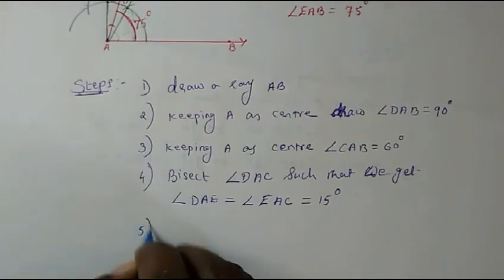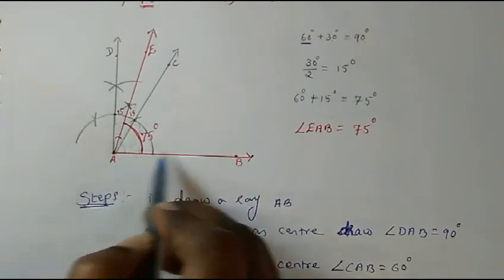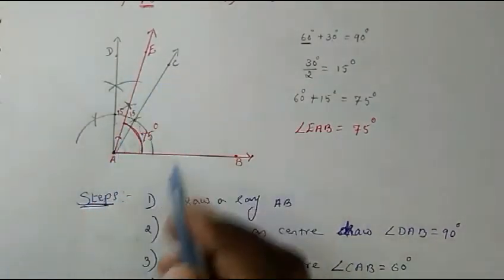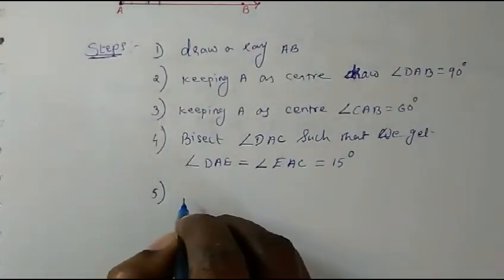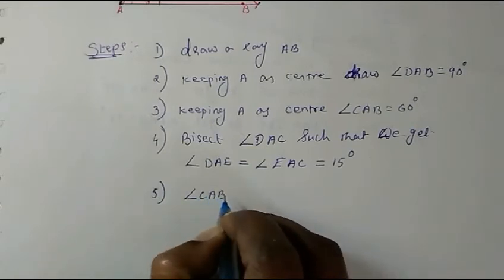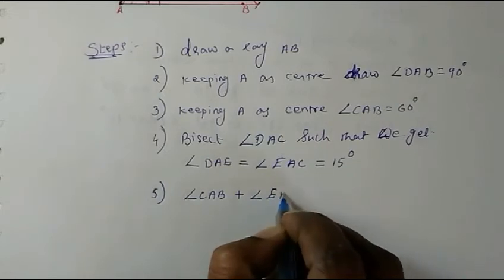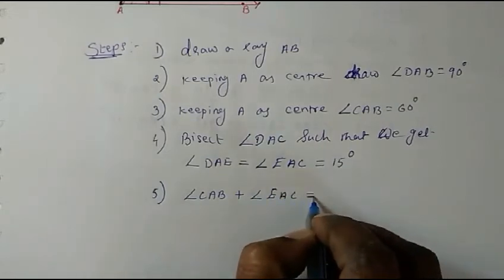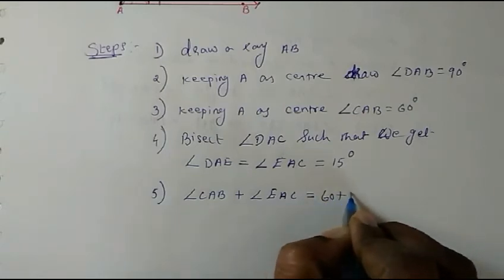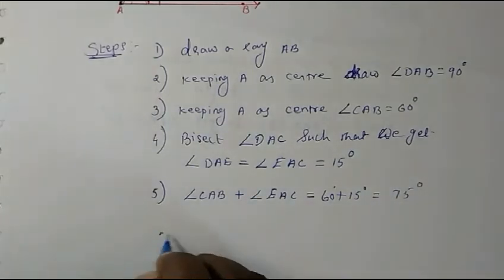So what we get? Now angle CAB plus angle EAC together gives us 60 plus 15, together 75 degree.